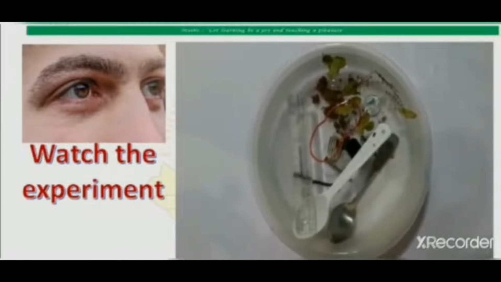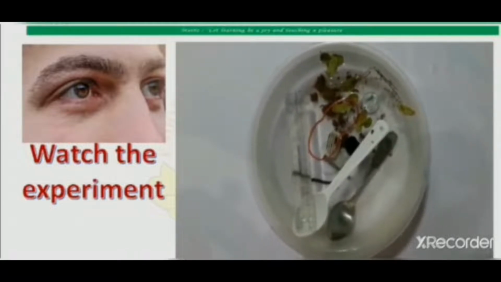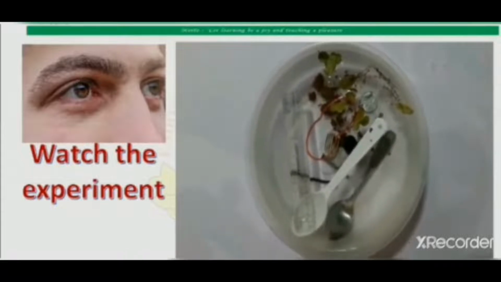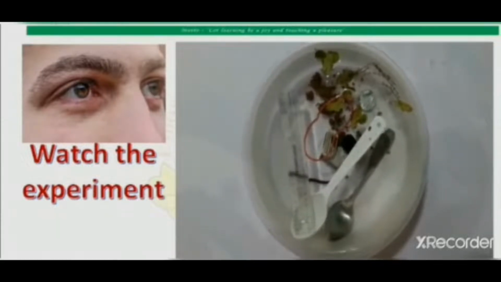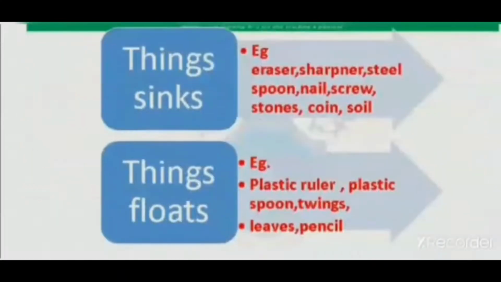And you can do this experiment with different things and decide whether they are floating on the water or they sink into the water. That is your choice, which things you want to check. Okay.